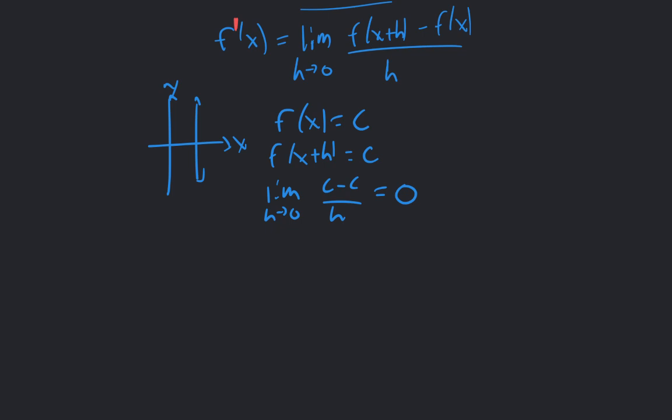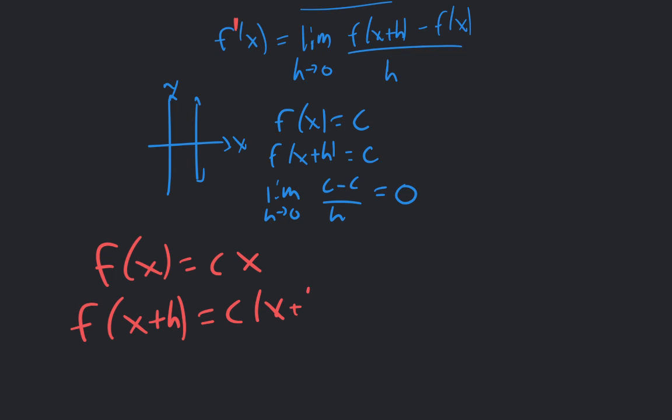Now, what if f of x is equal to cx? If we plug in f of x plus h, now we have c times x plus h, which is cx plus ch.